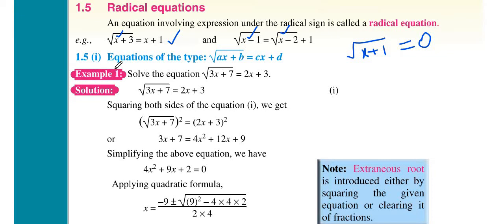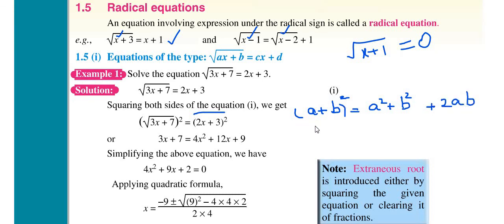3x plus 7 equals (2x plus 3) square. There is a formula which is used here, that is (a plus b) whole square, which is a square plus b square plus 2ab.